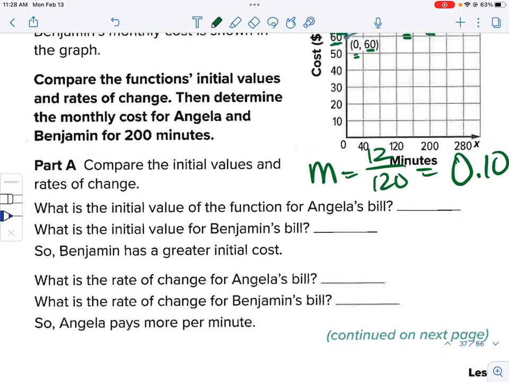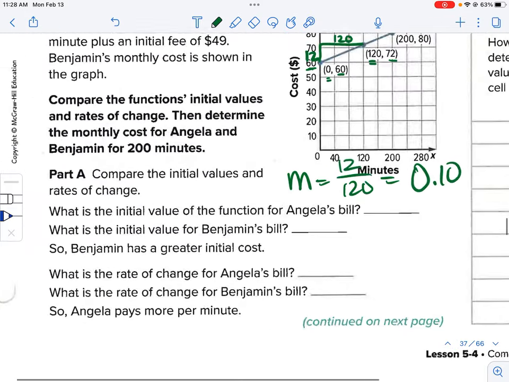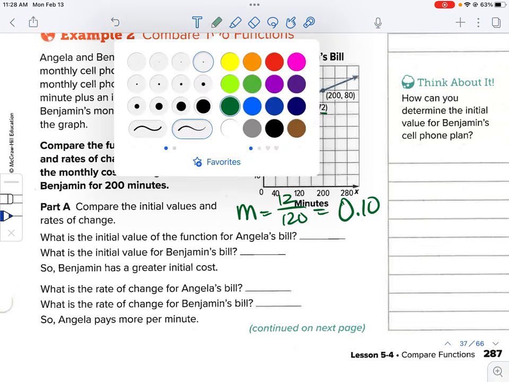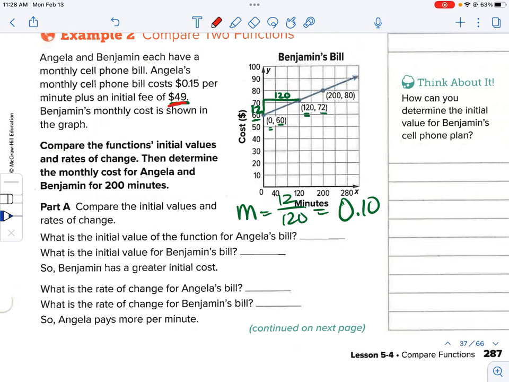Okay. So it says, what's the initial value for Angela's bill? So the initial fee is $49. What is the initial for Benjamin's bill? $60. So Benjamin has a greater initial cost.